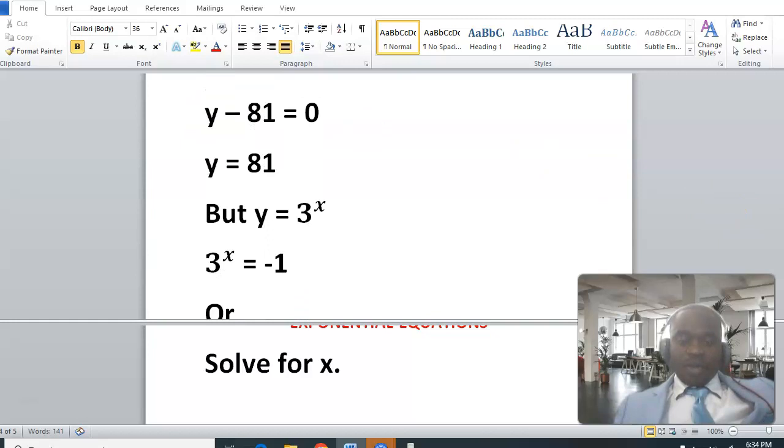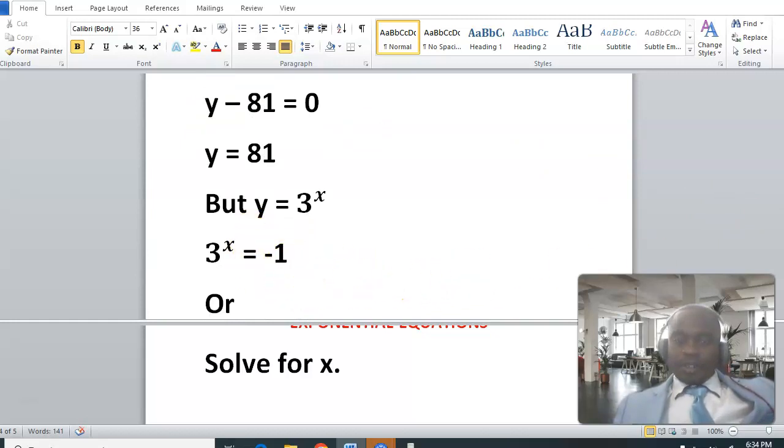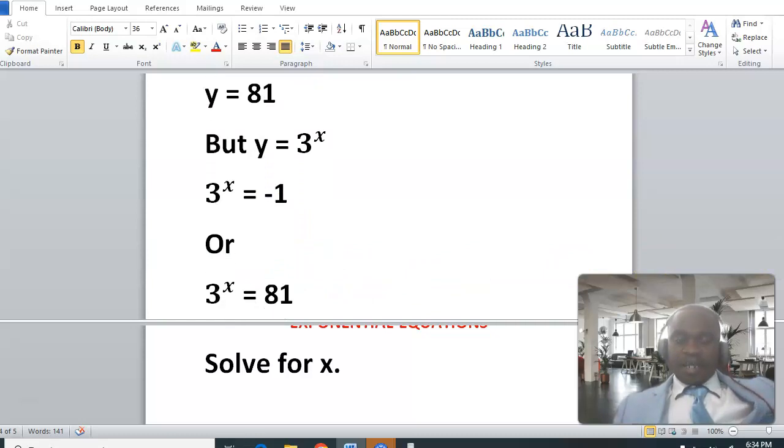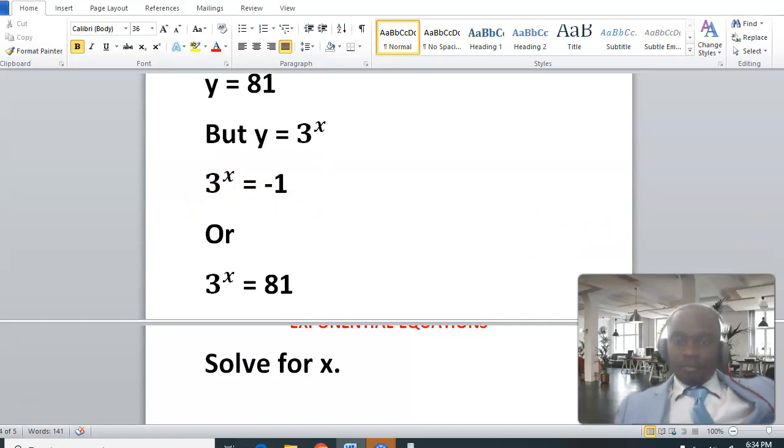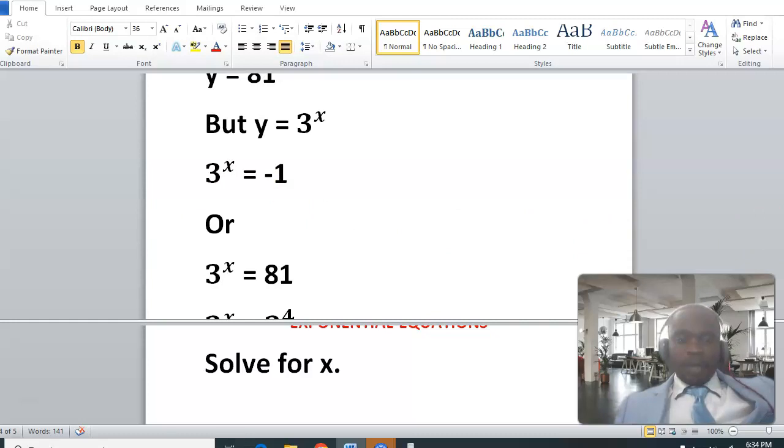Negative 1. When you are dealing with exponents, anytime you have negative, you will not have a real solution, because you cannot write this one to have the base like this. Alright, so we leave that one.